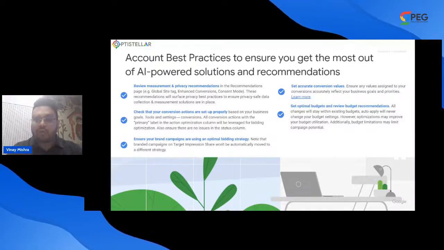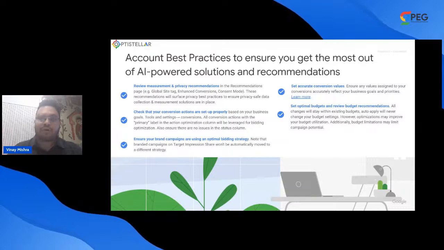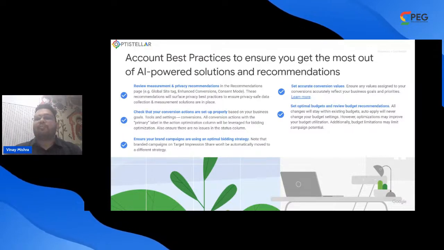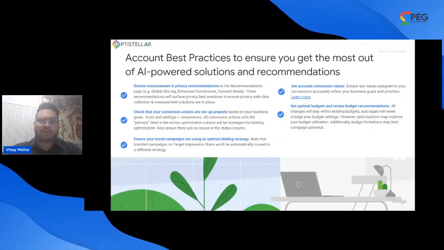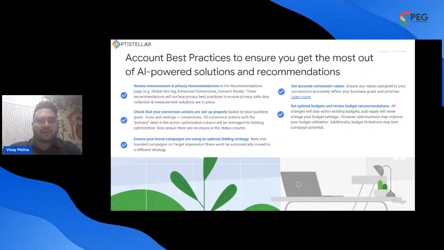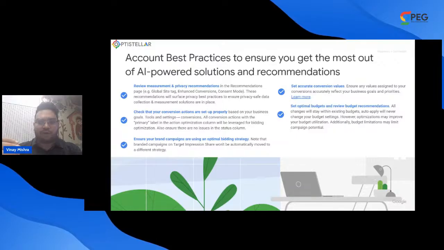Now that we know the importance of the data you have in your Google Ads account, because based on the particular set of keywords you choose, you define to the system that, hey, this is my business and these are my target audience, right? When you're defining that, you're also giving data to your system.